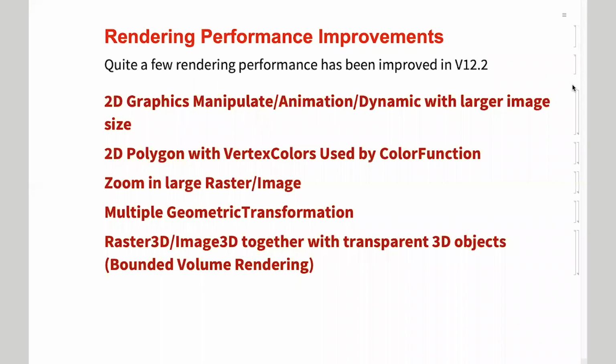And other than the printing performance improvements, we also did several rendering performance improvements as well. Remember we mentioned the graphics cache, and we did that for 2D as well. So for the not necessary case, the not expensive case, we just don't do the image cache.